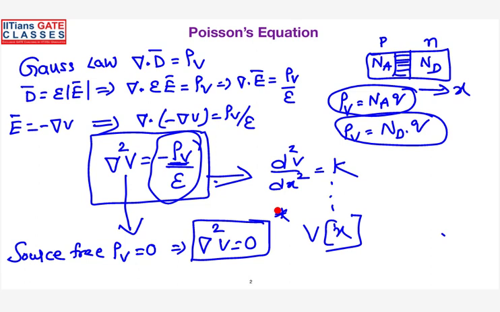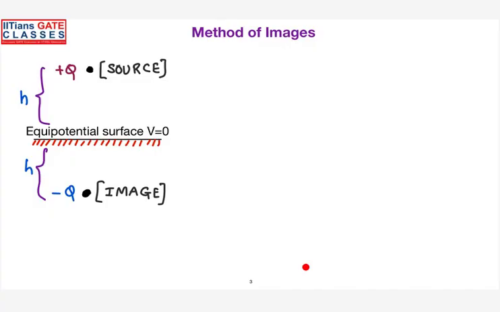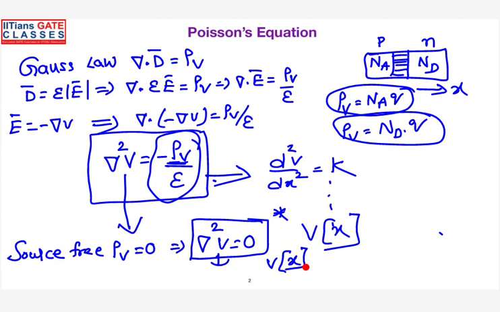You need not get confused here. If you solve Poisson's equation, you will come to know how the potential varies as a function of distance. That is the main advantage. So any questions on Poisson's equation?